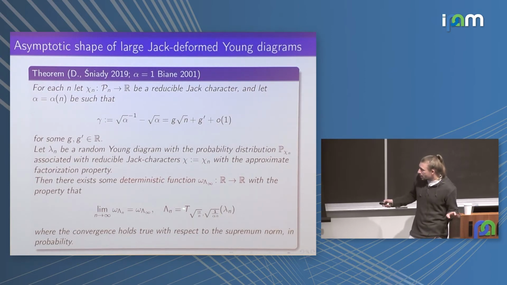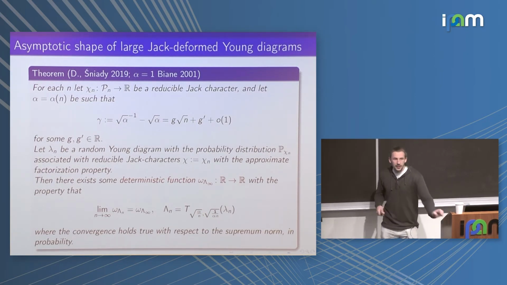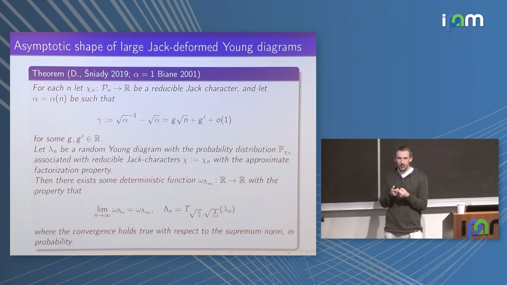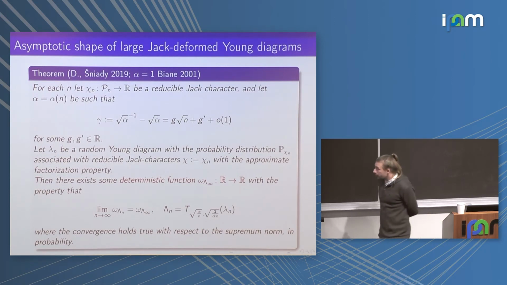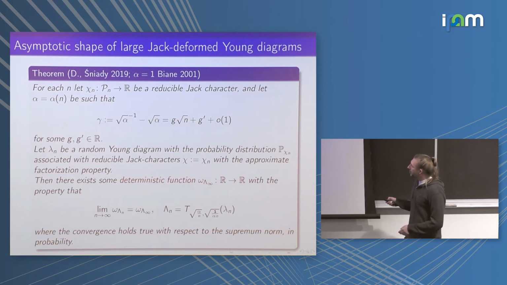Here we are changing the shape a little bit. We are stretching it horizontally by the square root of alpha, and crushing it vertically by the square root of alpha. So each box is replaced by a box of size square root of alpha divided by square root of n, and 1 divided by square root of alpha times n. But alpha is square root of n by itself, or what? So what happens with alpha depends on n. Alpha might depend on n, but for each n this is some number, so it makes sense to look at the profile.